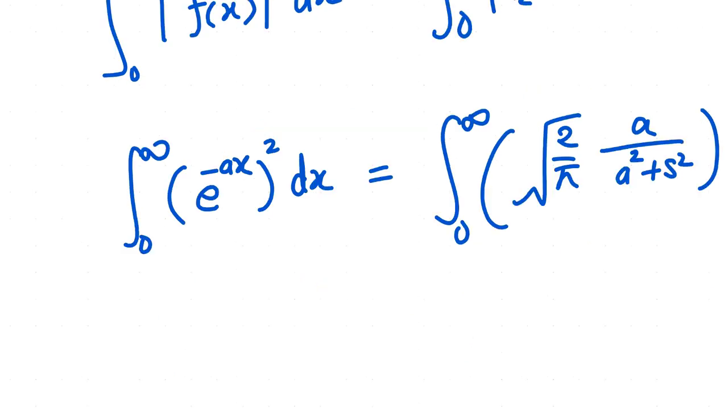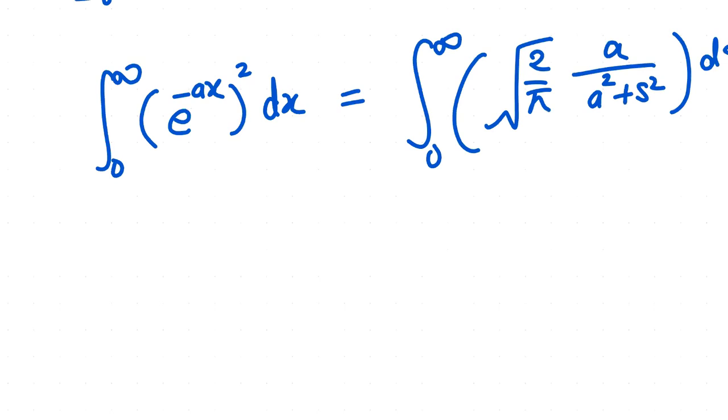And we have a square, power of power, right? We have power and power of power here, so obviously we can multiply. So we will have 0 to infinity e to the power minus 2ax dx.